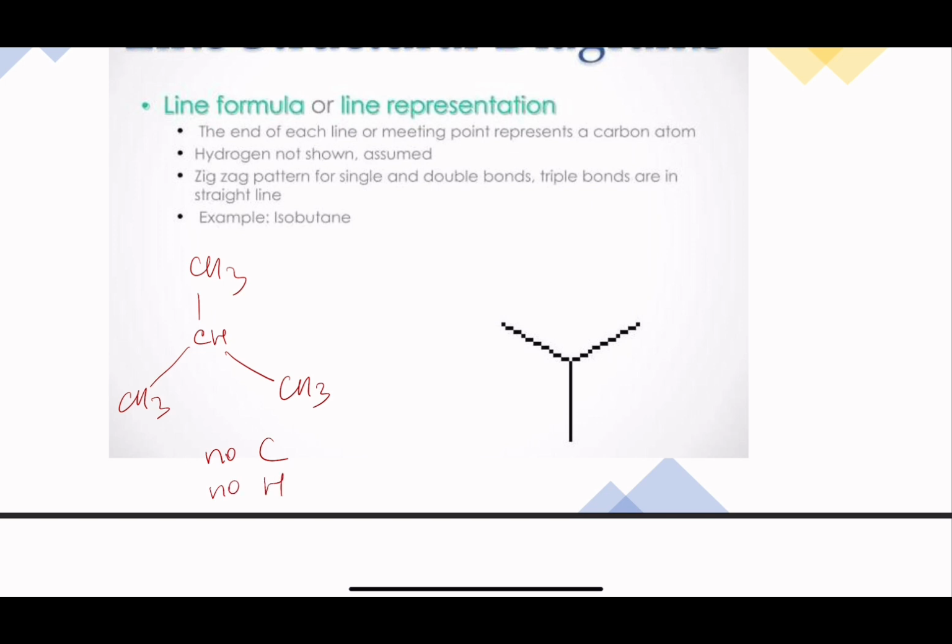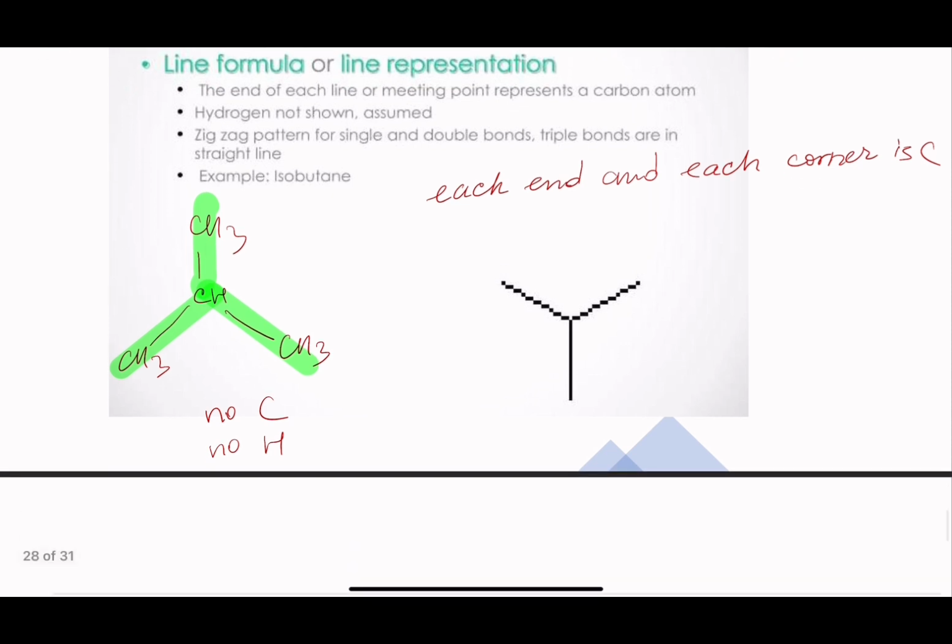Now look at it here. Carbon, and then we have a carbon like this. So each end of the line and each corner is carbon. Okay, so I have here 1, 2, 3 carbons, right?